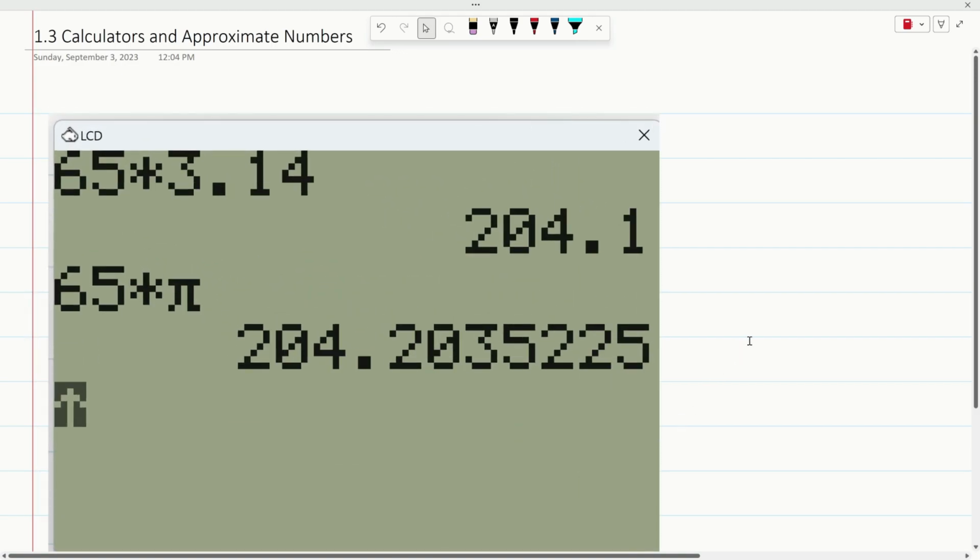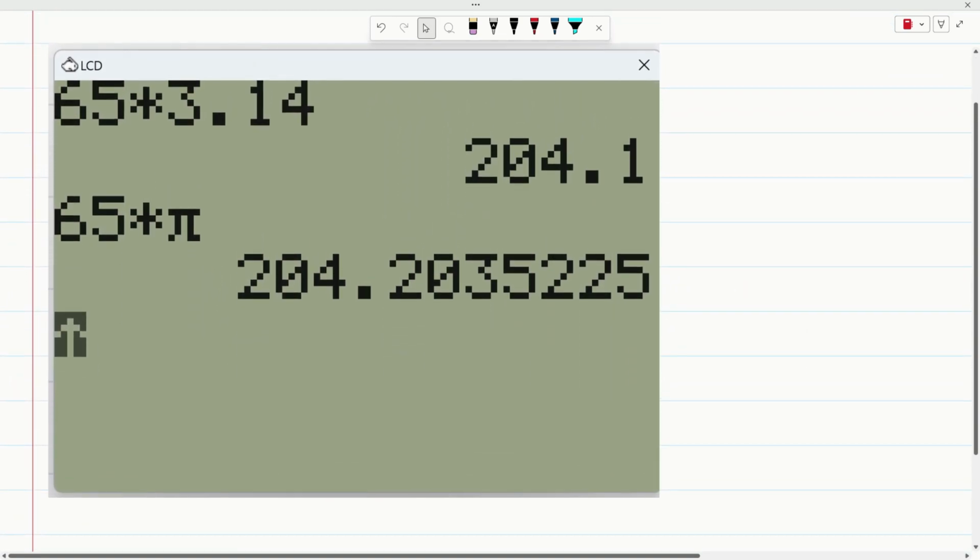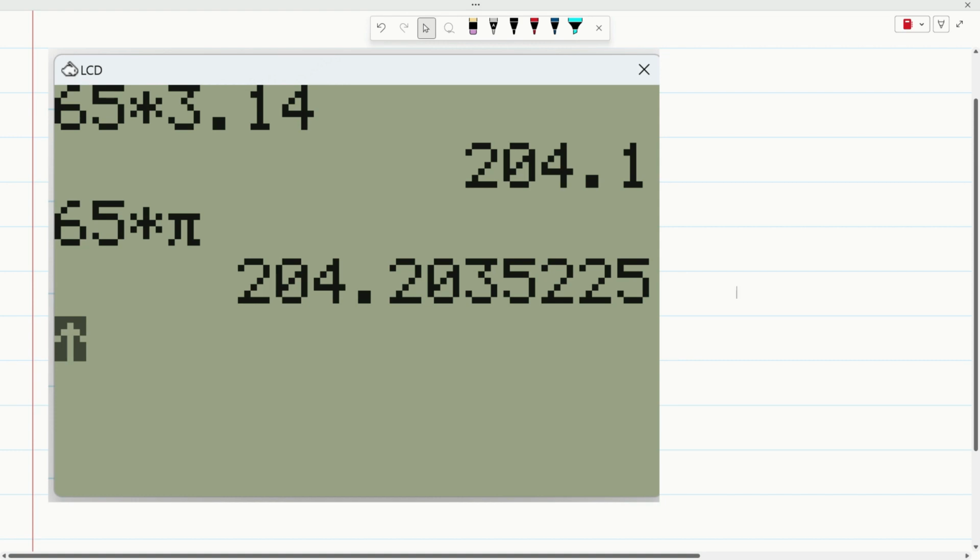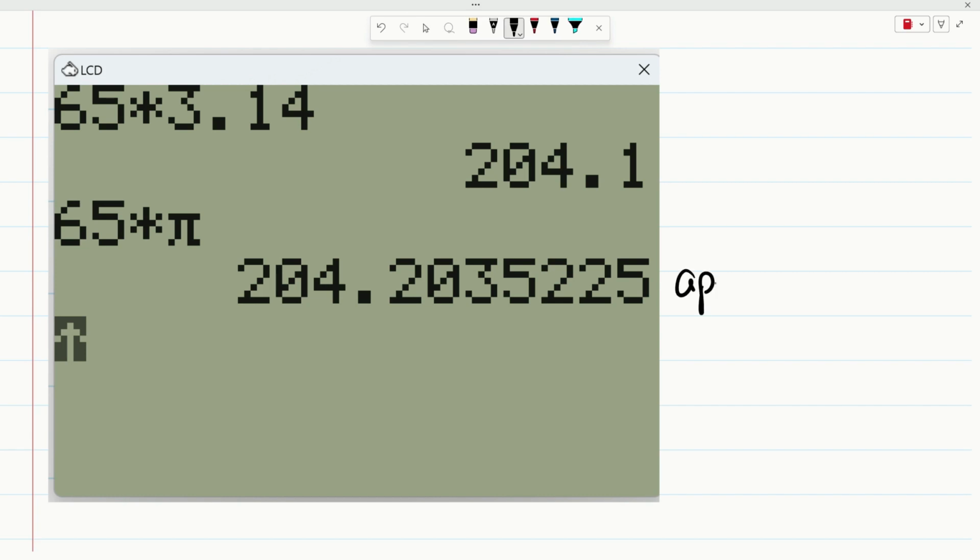First and foremost, this number, 204.2035225, is an approximation. And what makes this an approximation is that number right there. The calculator rounded this number.